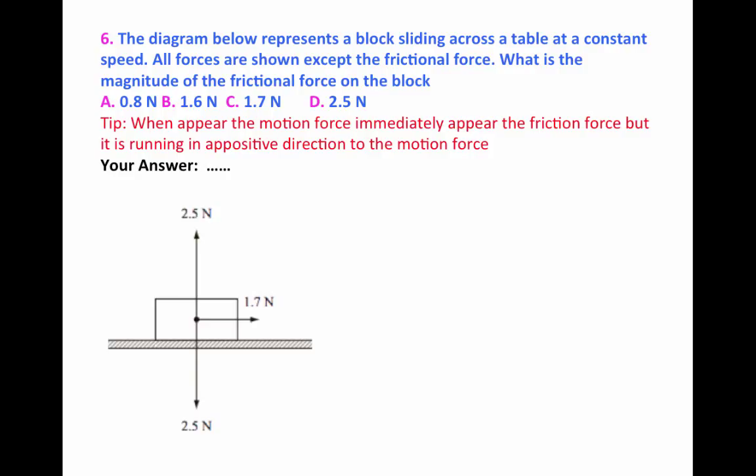You see 2.5 newtons up, 2.5 newtons down. They are in opposite directions. They cancel out. The net force will be 0. The motion force is 1.7 newtons to the right. Then you have to find the friction force.